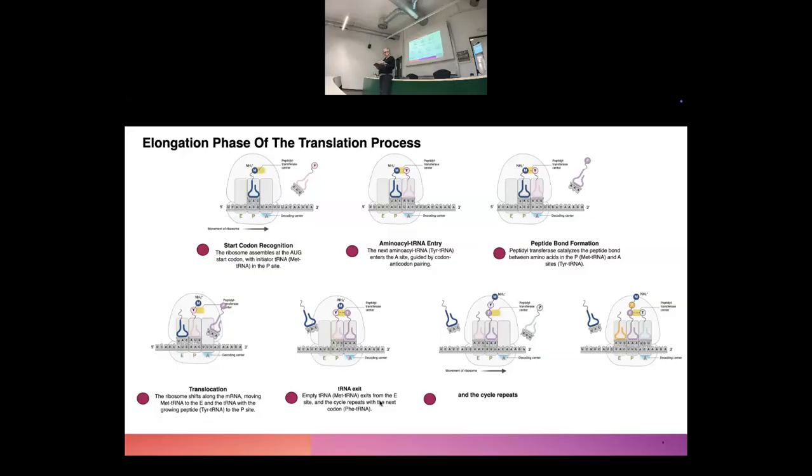At this point, this sliding will remove the previous tRNA, which will exit from the E site, and the cycle can start again, okay?